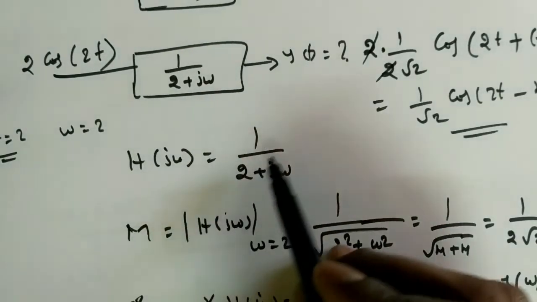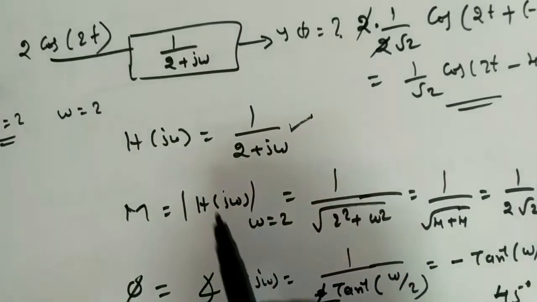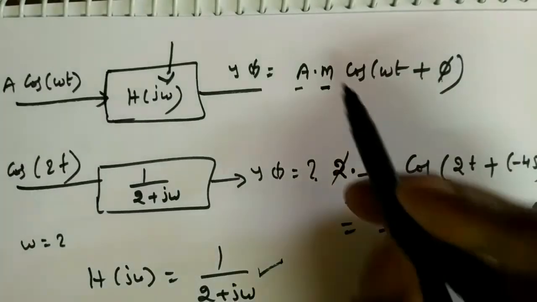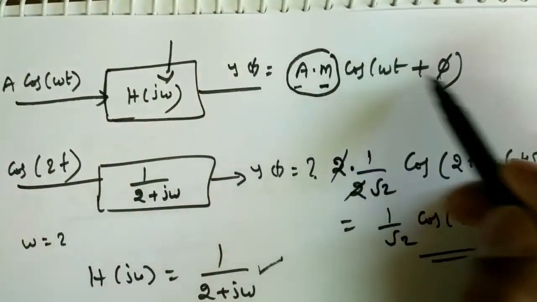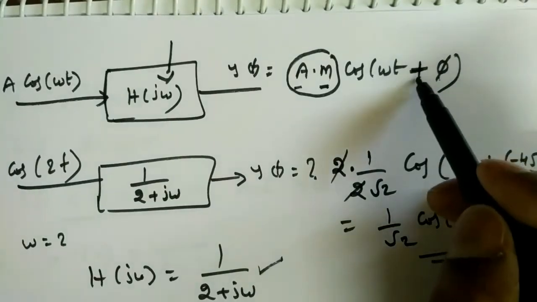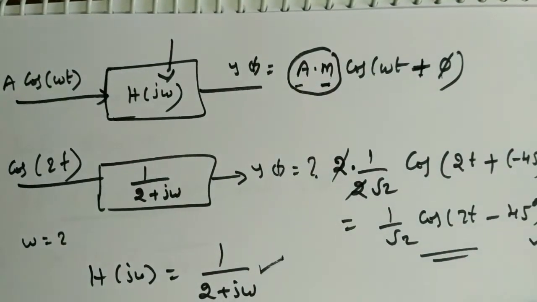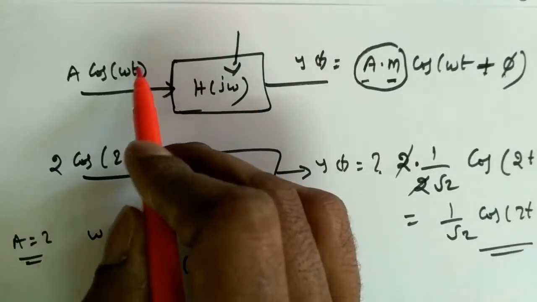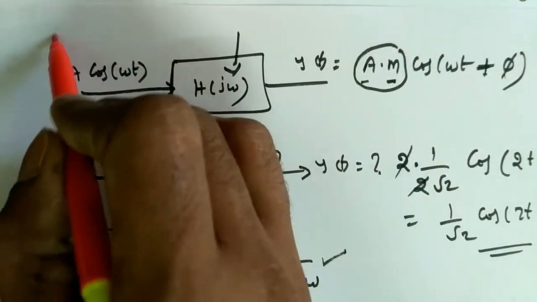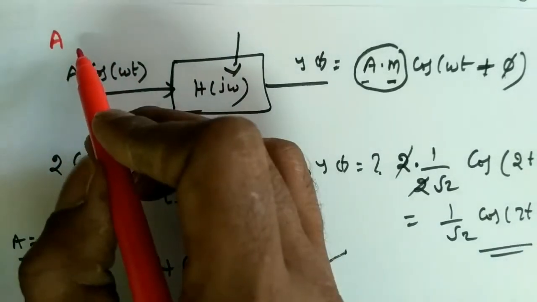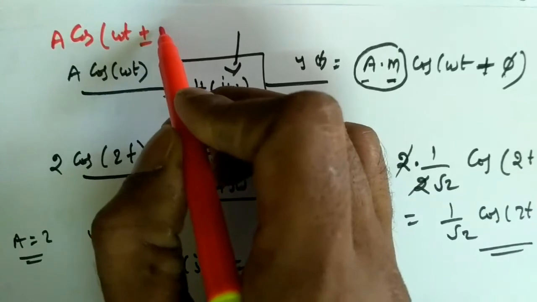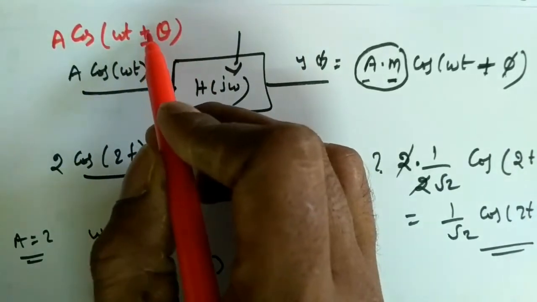So if you know the system response in the frequency domain, we can find the magnitude as well as the phase. The magnitude is multiplied with the input magnitude, and the phase is added here. As simple as that. In this problem there is no phase angle in the input. Sometimes you may get A cos of omega t plus or minus theta.